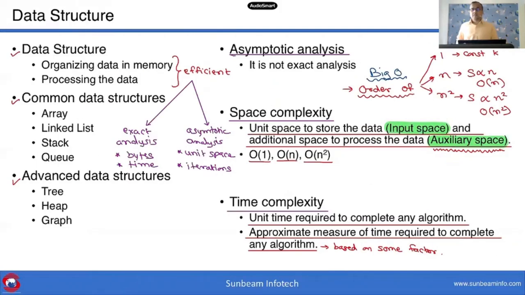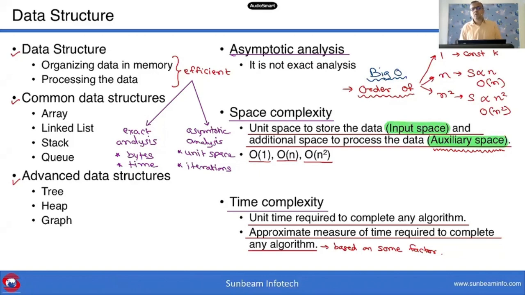Then we talked about how the efficiency of a data structure is measured. It could be on the space front or the time front. At the same time, it could be an exact analysis or an asymptotic analysis. The exact analysis usually doesn't make sense because it is very dependent on machine configuration and machine architecture.